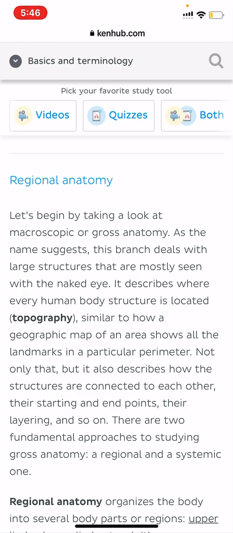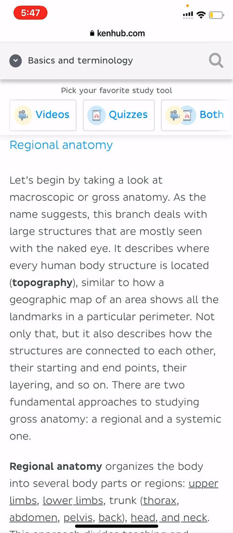It describes where every human body structure is located, topography, similar to how a geographic map of an area shows all the landmarks in a particular region.